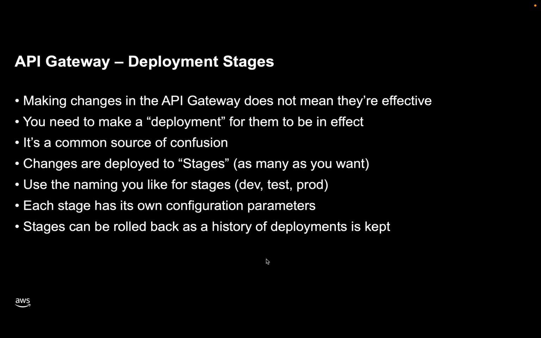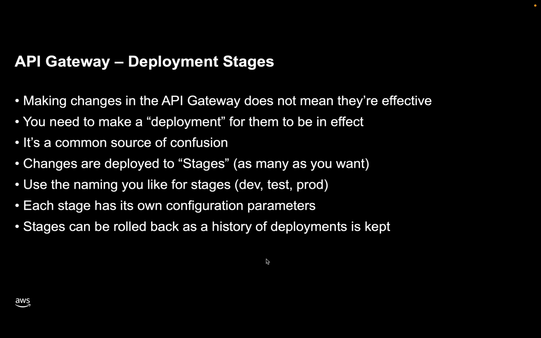Now about API Gateway, we have the development stage, which is where we make changes. As I mentioned, we have a dev stage, prod stage, and testing stage. These are the different kinds of stages we can create, and we can perform our tests based upon our requirements by owning the configuration parameters, and deployments can be rolled back.